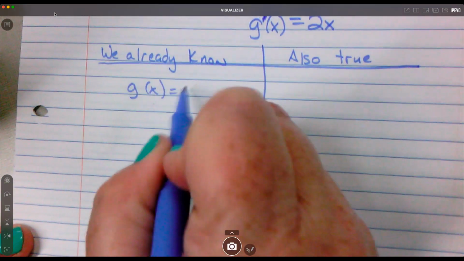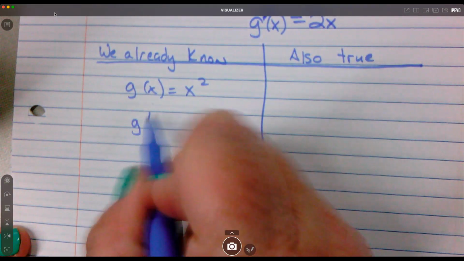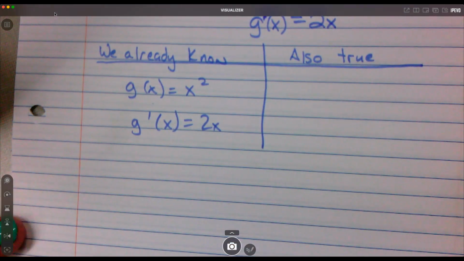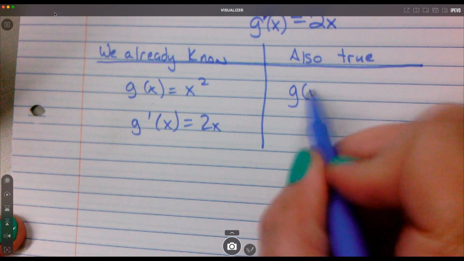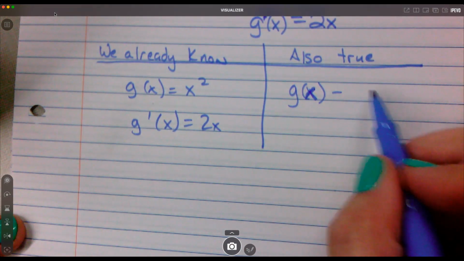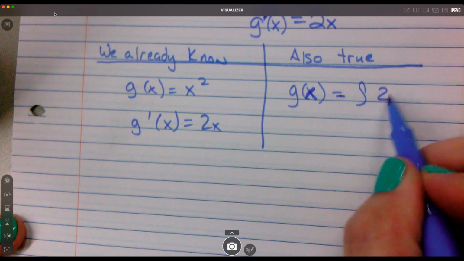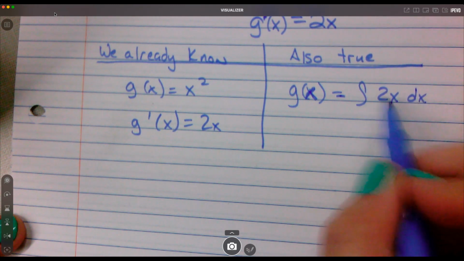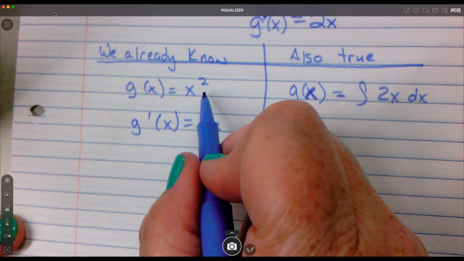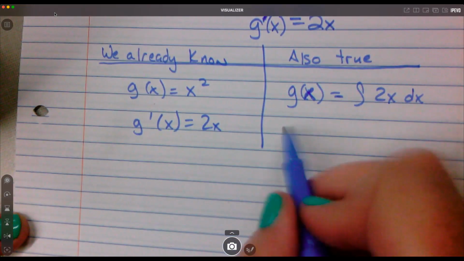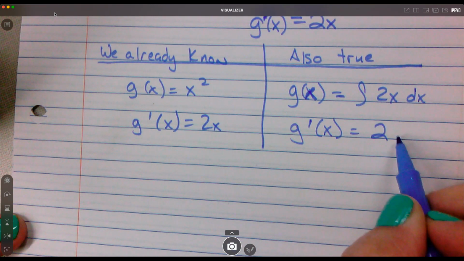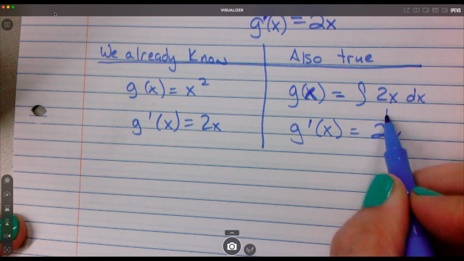We already know g of x equals x squared, so g prime of x equals 2x. And since we agreed that this integral of 2x dx is actually the same thing as x squared with a little bit of looseness for the plus c, then we can just summarize that it must have the same derivative.